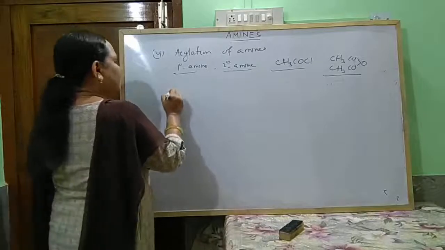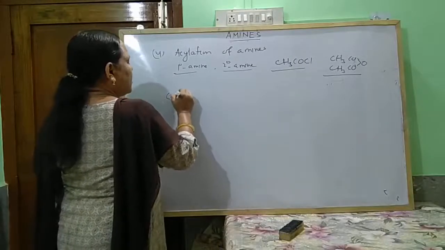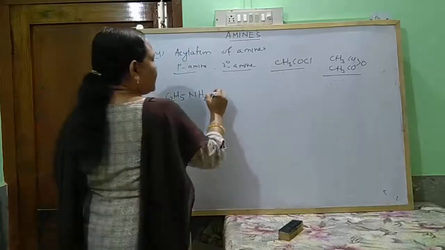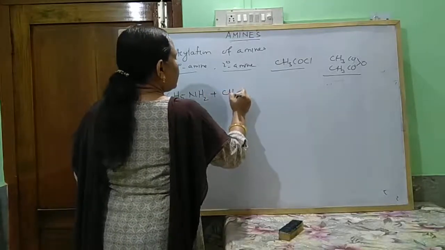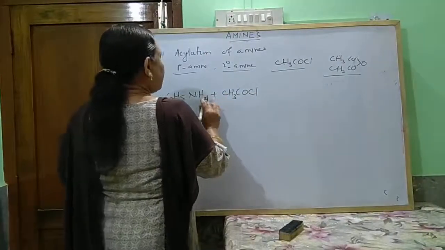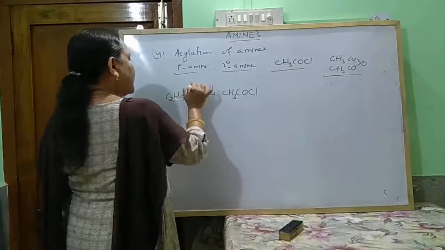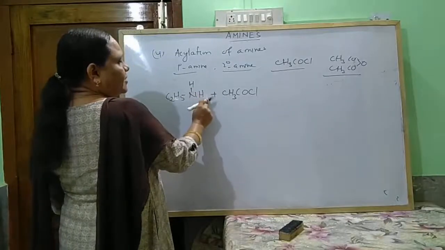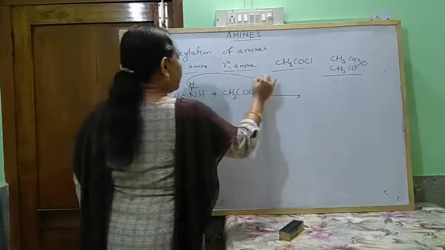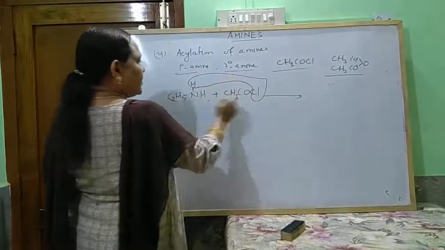Look here, the equation. C2H5NH2 plus CH3COCl. To this NH2, I can write it like this, NH and CH3COCl. Minus HCl is there.